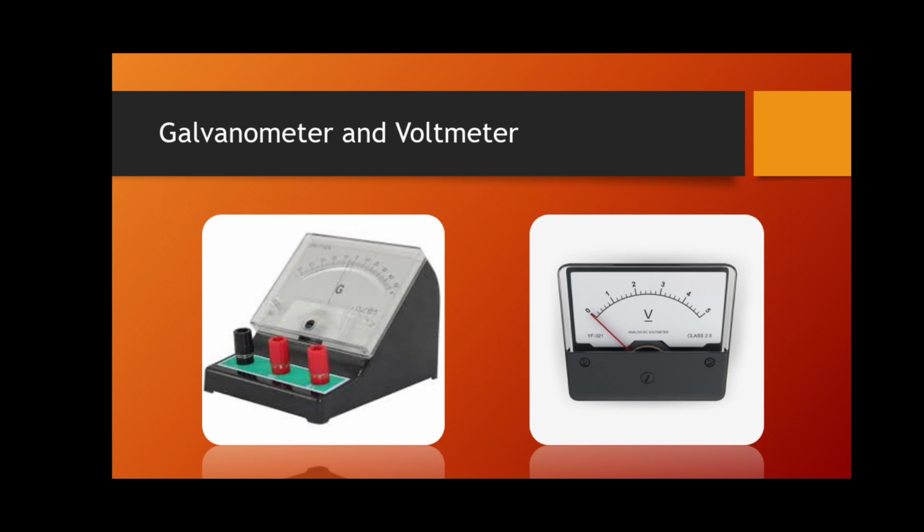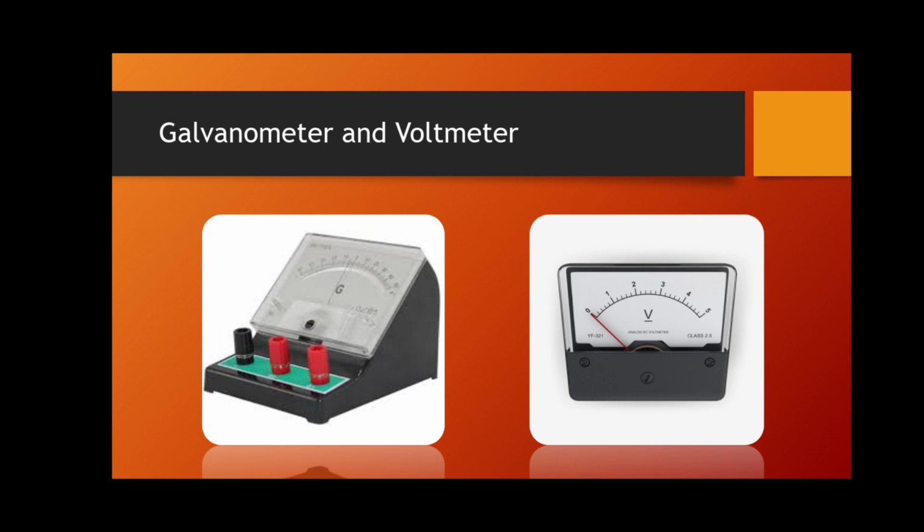Then here you can see there are images of two devices. One is a galvanometer and another one is a voltmeter. The presence and the direction of flow of electric current is detected by the galvanometer, and the potential difference is measured by the device voltmeter.